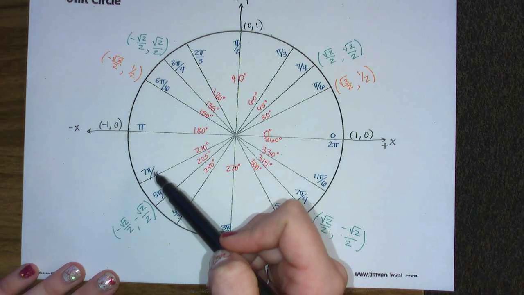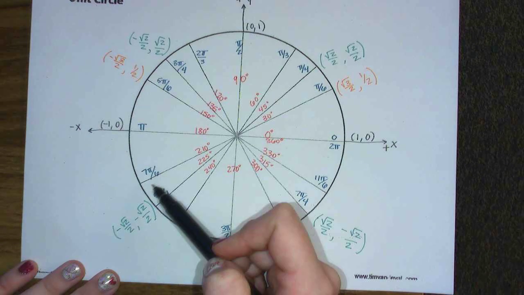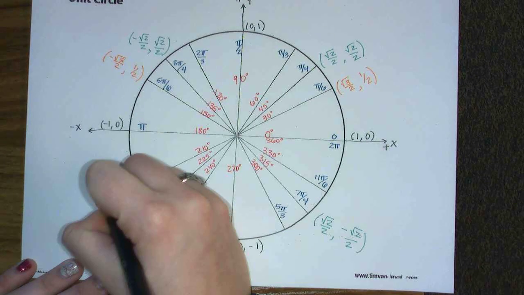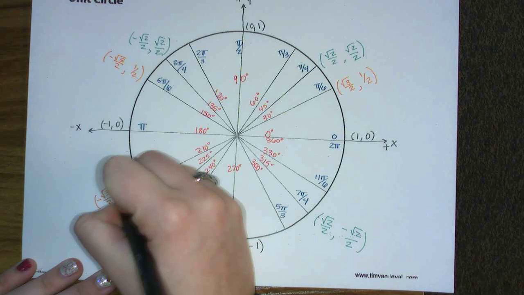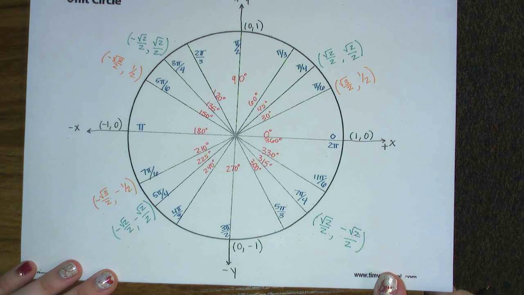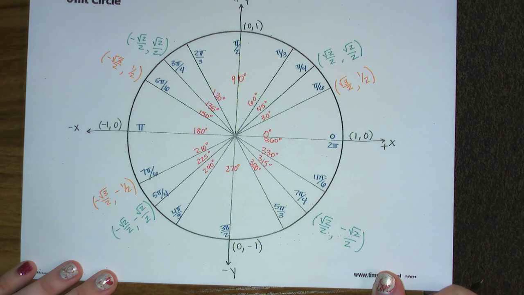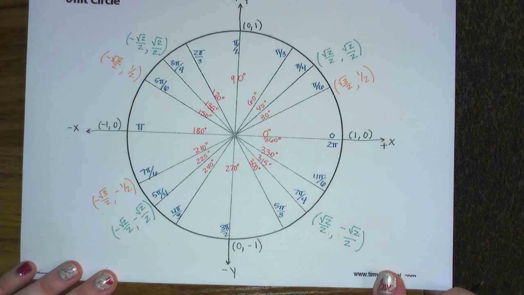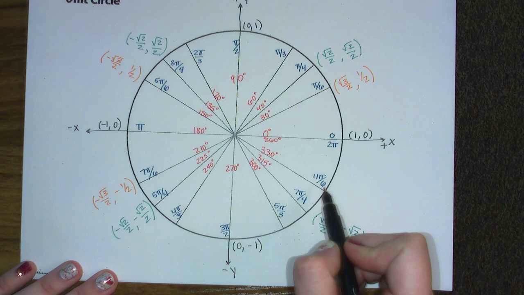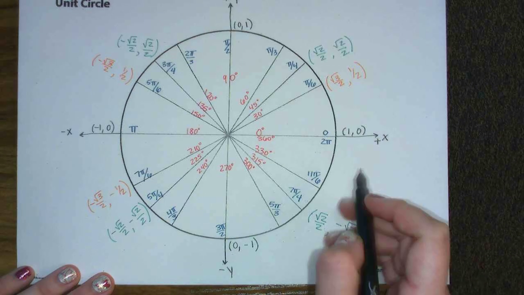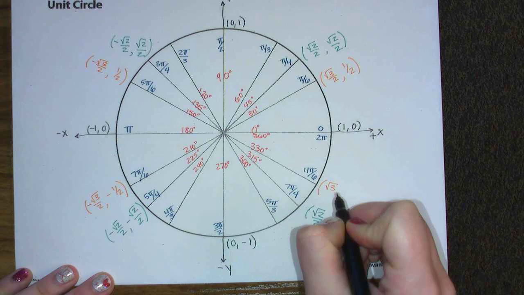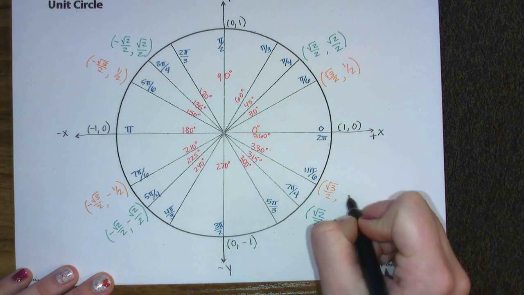Now both values are negative, so it's going to be negative root 3 over 2 and negative 1/2. Okay, and then coming around to 11 pi over 6, we have this positive square root of 3 over 2 and negative 1/2.